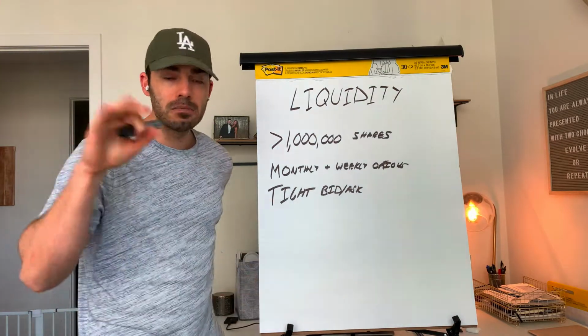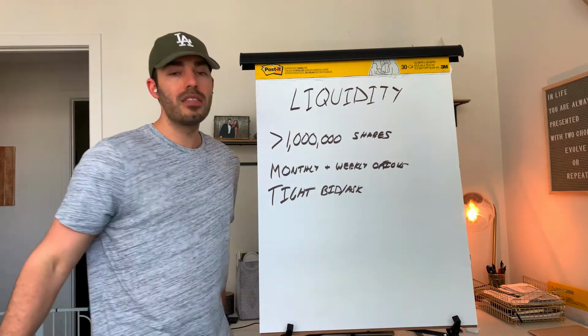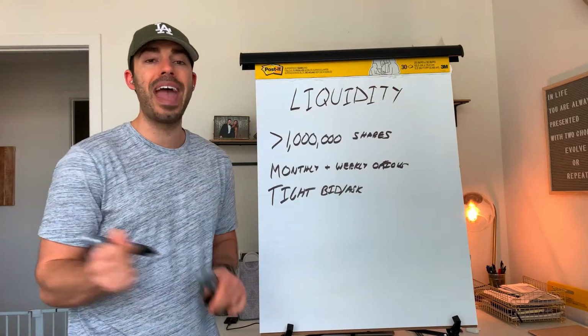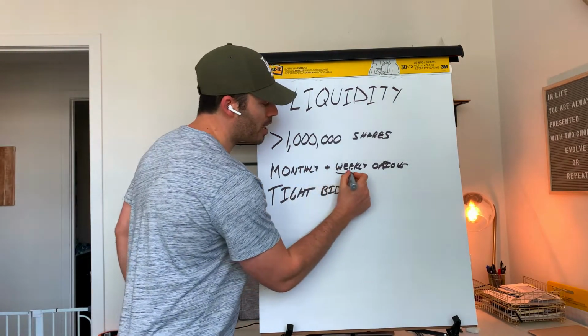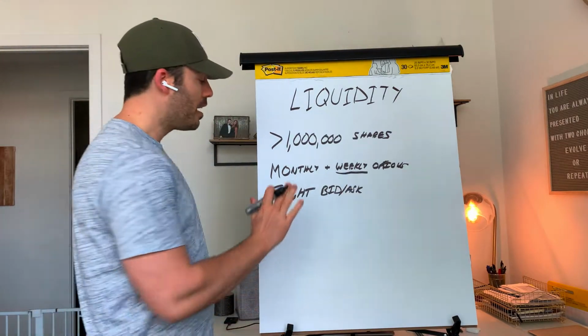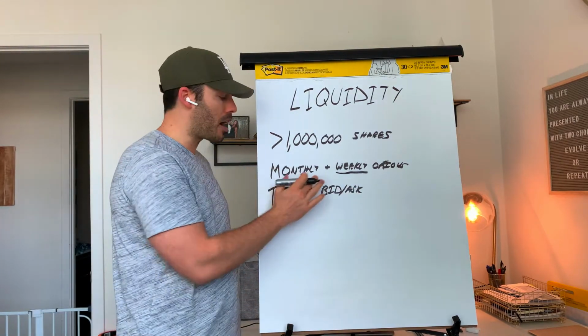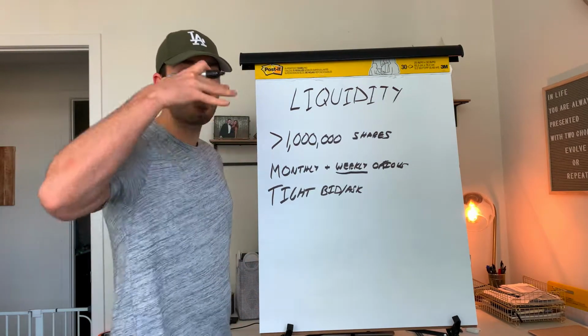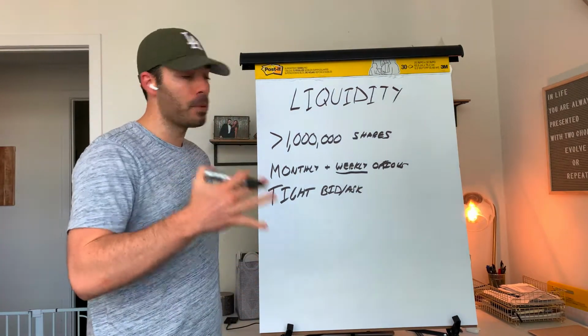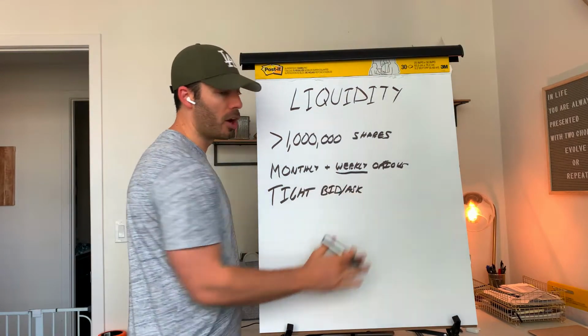If a stock has monthly and weekly options, that means there is so much demand to trade options in a given stock that they are forced to go ahead and offer weekly options. Every single stock out of the box gets monthly options contracts, but if there's so much demand for more availability, they'll bump it over to weeklies too.